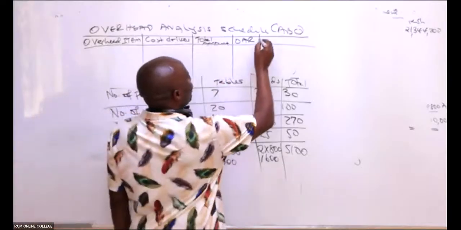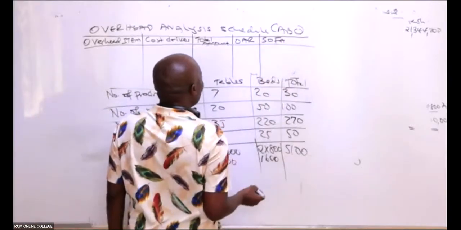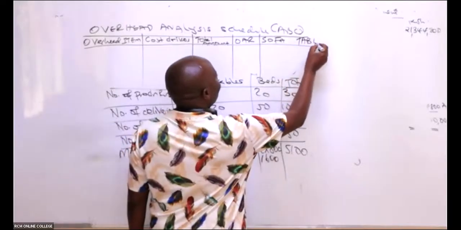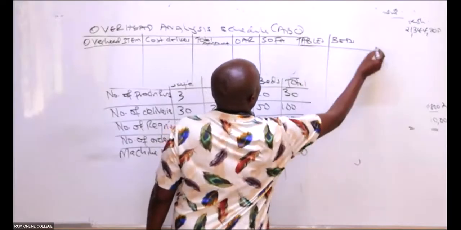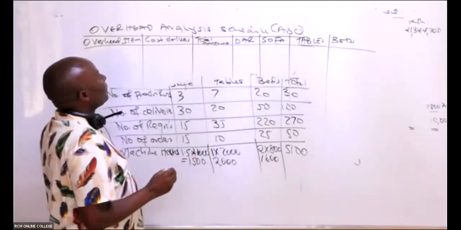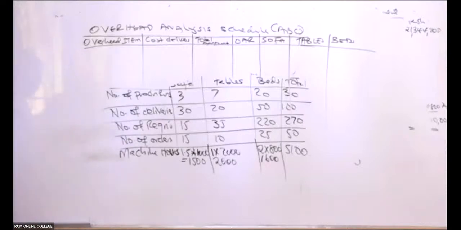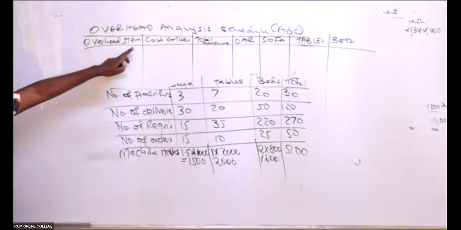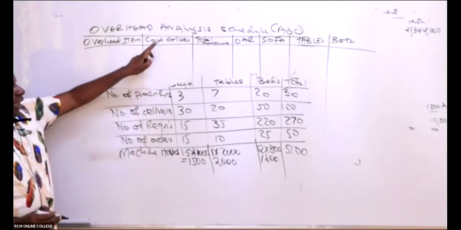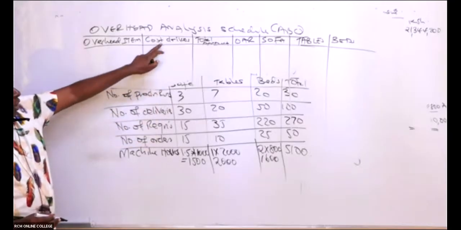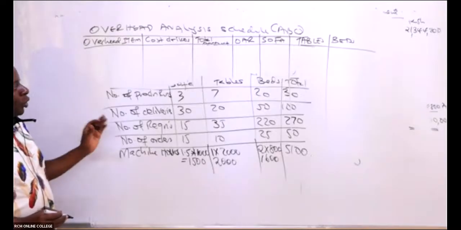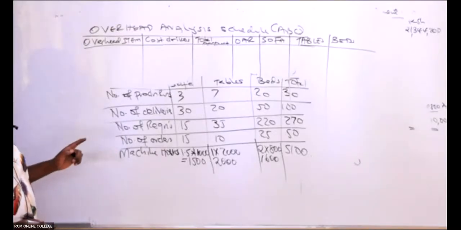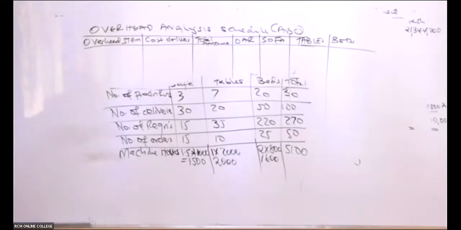So far we have tables, we have beds like that. It will be very important for you to have cost drivers to connect the overhead item and the products. Total amount, overhead absorption rate, then tables, beds, like that.